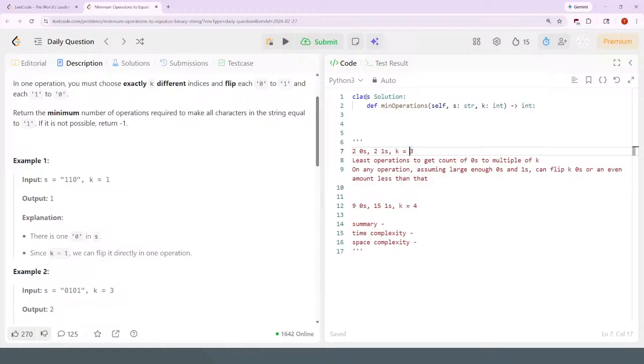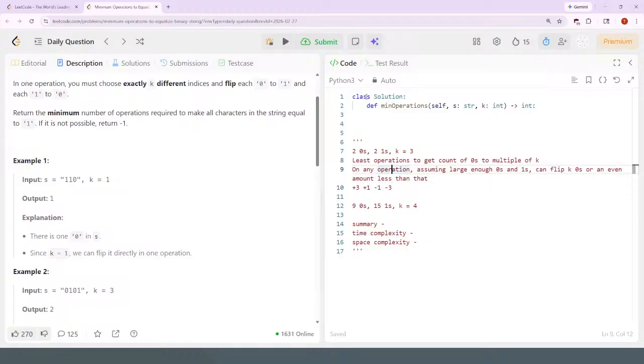Or 1 zero and 2 ones, or 2 zeros and 1 one, or 3 ones. So you can change the number of zeros by +3, +1, -1, -3.